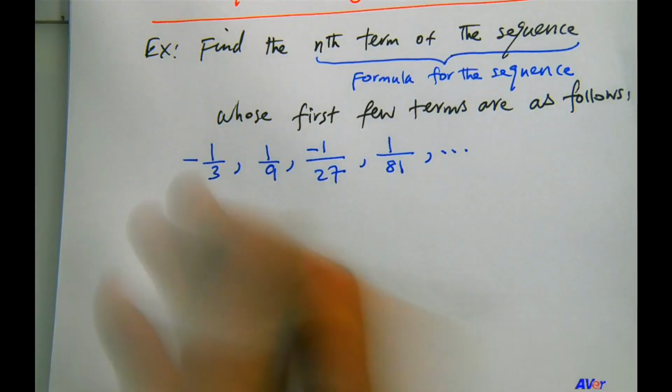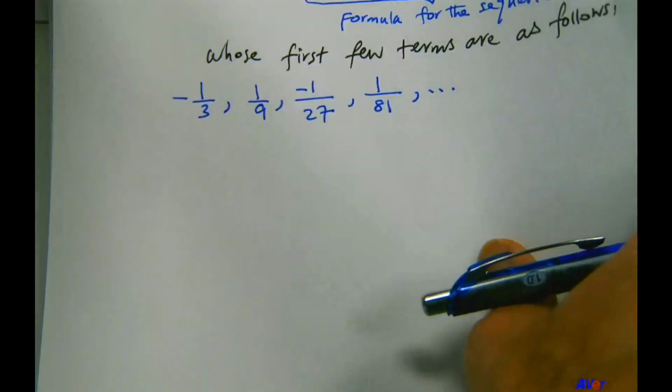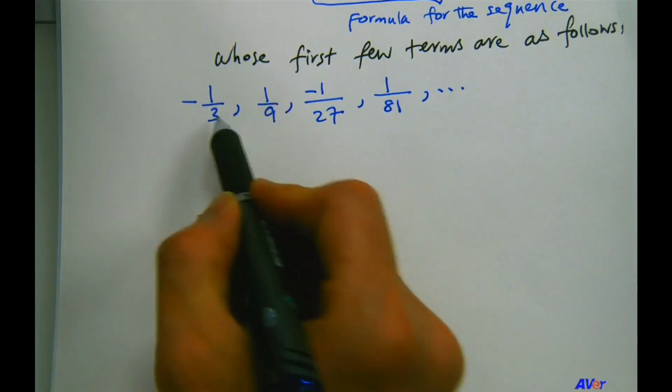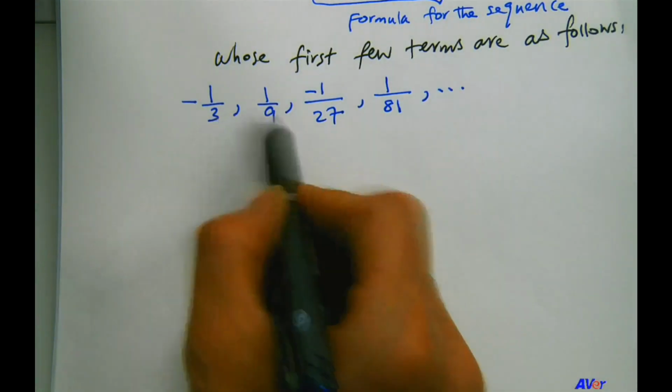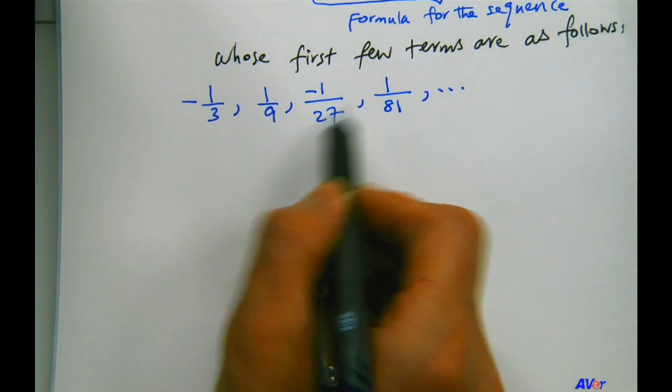Okay, so looking at this, and this is an easy sequence, we can see that there's definitely a pattern, right? If you look at the denominators, 3 times 3 you get 9, 3 times 9 you get 27, 3 times 27 you get 81.